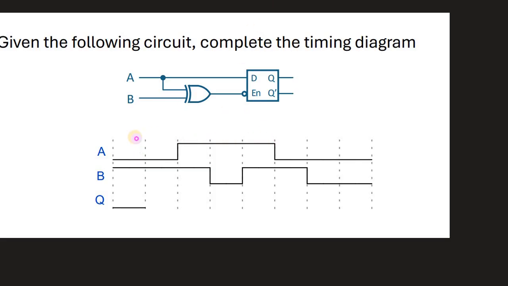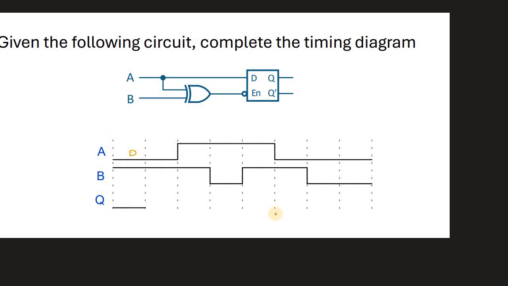Now here you have to check whether the enabler is 1 or 0 to determine the Q, and Q prime would simply be the complement of it. For example, if this is 1, then the complement would be 0. But here we only need to know the Q. Like I explained before, this is 0.